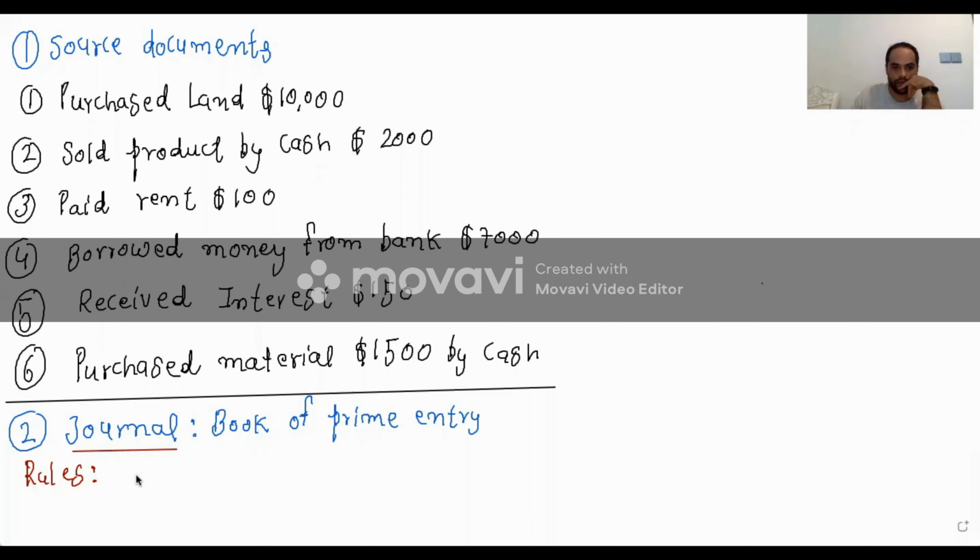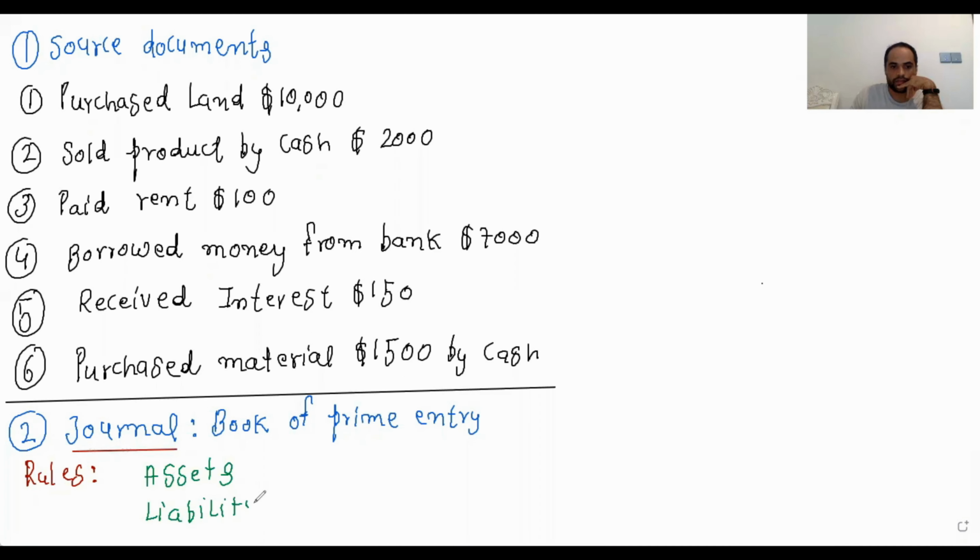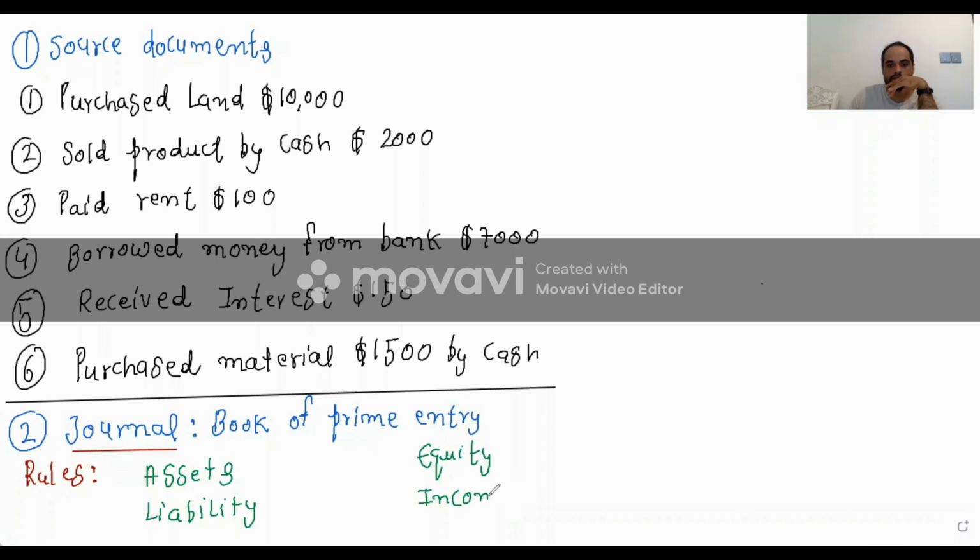In these rules, remember, we have assets, liability, equity, income and expense.